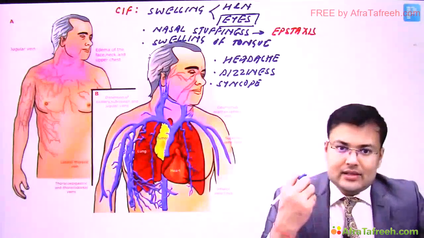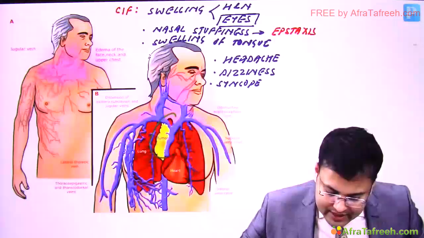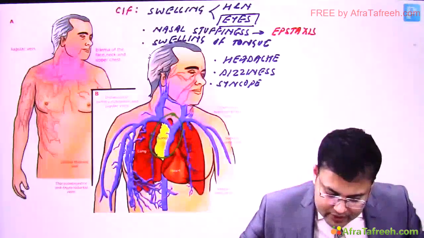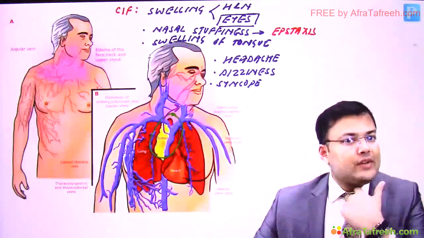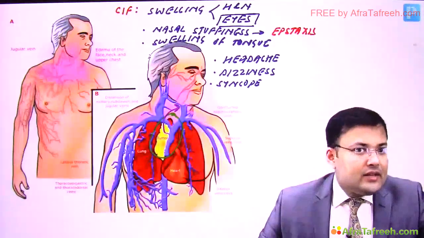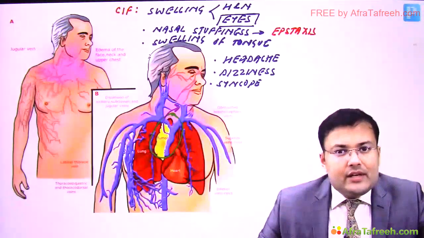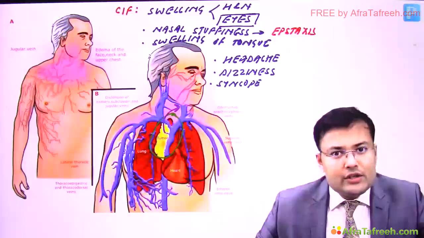So suppose this tumor is located in the superior mediastinum and it is going to compress what? The midline structures. What are those midline structures? Trachea, esophagus and recurrent laryngeal nerve. So whenever there is compression of trachea, there is dyspnea; esophagus, dysphagia; and recurrent laryngeal nerve, these patients will be having hoarseness of voice.